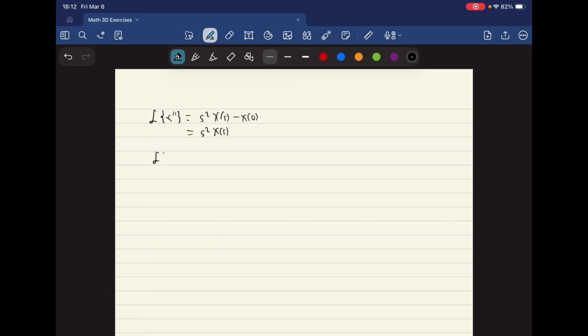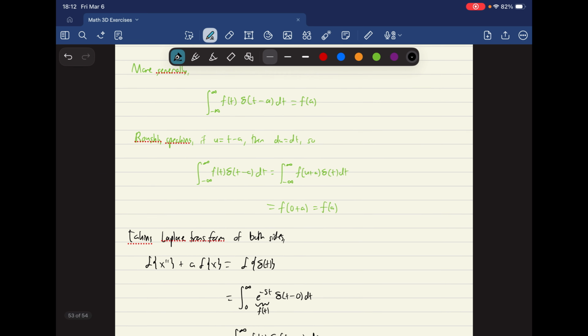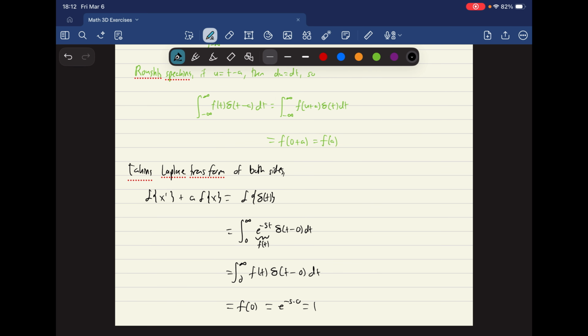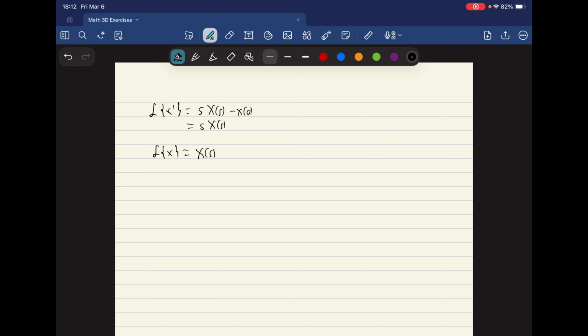And similarly, L of x is just going to be capital X of s. I accidentally wrote double primes, my bad, that was my mistake. And I was also confusing this formula. So this will be s X of s minus x of 0, and this will be capital X of s.